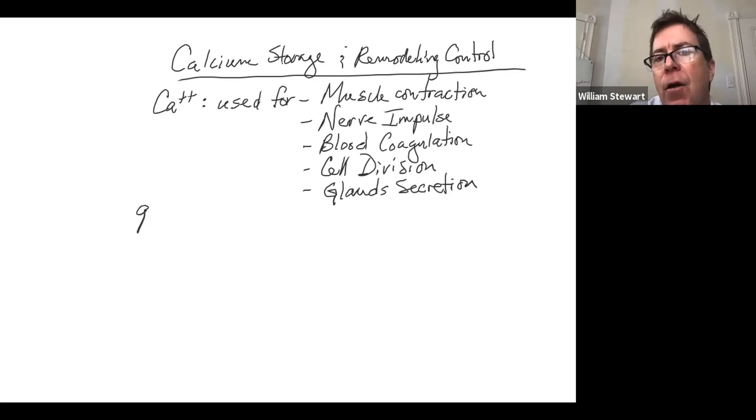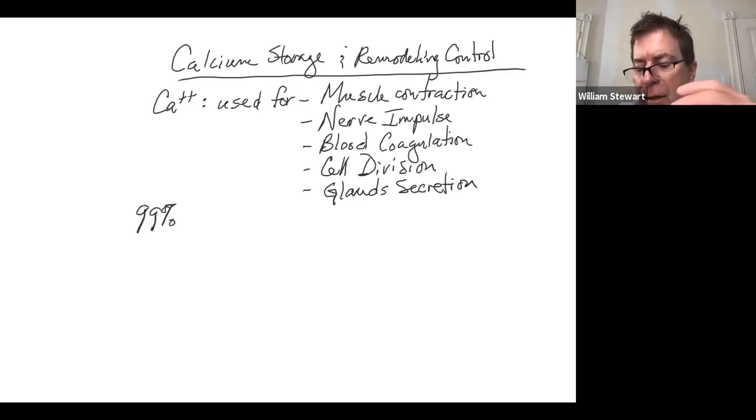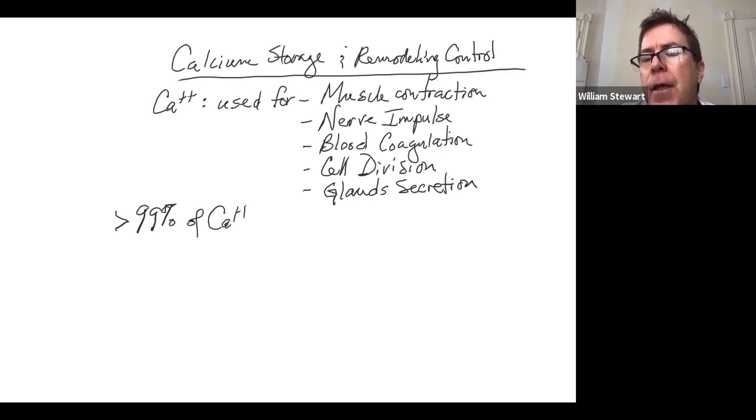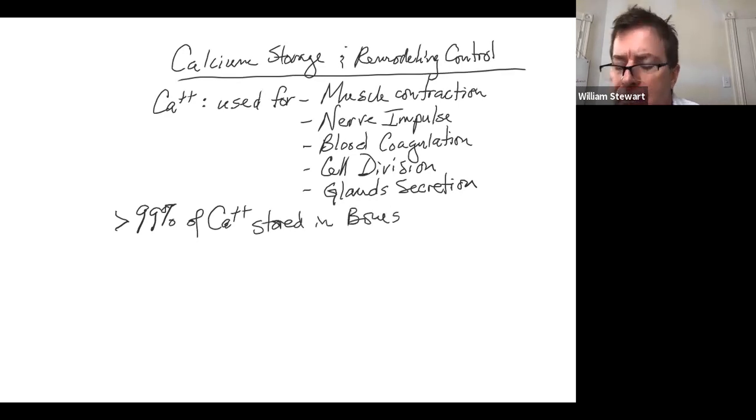I think it's actually over 99% of the body's calcium, it's even higher than that. So I'm going to put greater than 99% of calcium is stored in our bones. There's very little in our bloodstream at any given time. I think it's something like 0.001%.